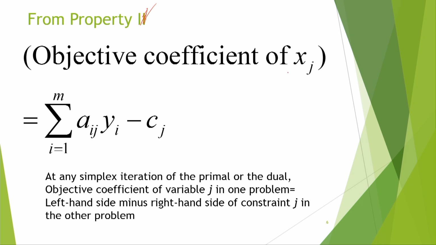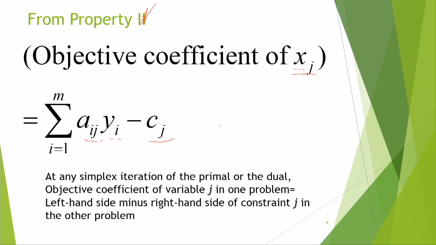So suppose I have the coefficient of xj in the primal problem, but in the jth constraint of the dual problem this will be sigma i = 1 to m of aij yi minus cj, because that's how we make the constraint in the dual problem.